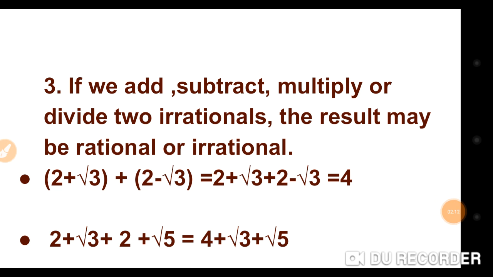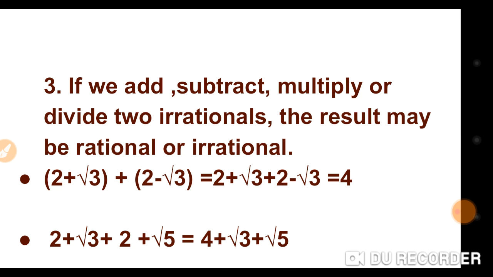But if both are irrational, what happens then? If we add, subtract, multiply or divide two irrational numbers, the result may be sometimes rational or sometimes irrational. Here in these two examples you can see 2 plus root 3 added with 2 minus root 3, the answer is 4 and 4 is a rational number.